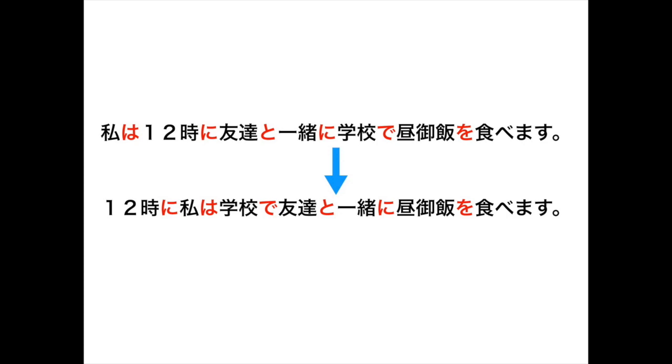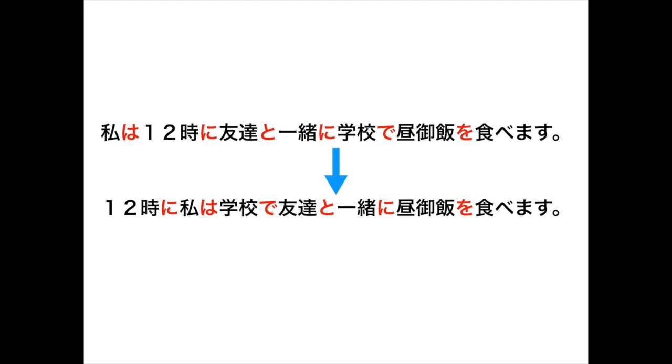Just generally speaking, times are generally towards the front of the sentence, and verbs are towards the end of the sentence. In fact, I think verbs are always last, unless you're connecting two sentences together. But verbs are always last, generally speaking. And anything else in between that, as long as the radicals are correct, you can switch it around however you want. So in this sentence, I used the exact same words, but I flipped them around, and as long as I kept the radicals attached to the words, it still makes sense.